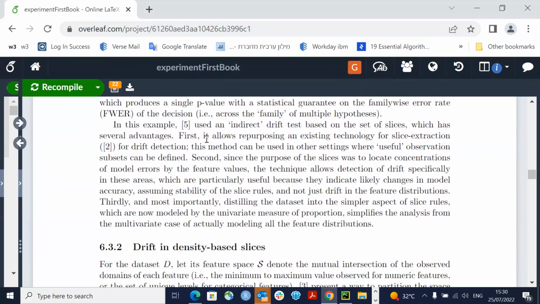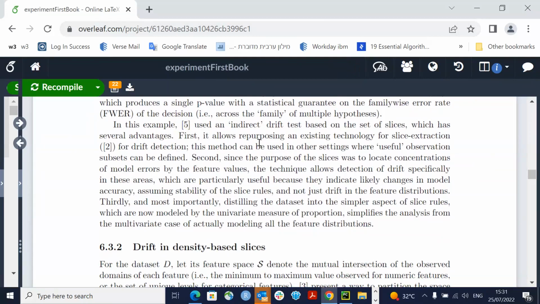In the paper that we mentioned, we can use this as a way to detect drift in two ways. If slices overall grow in fractional size, that means maybe there are more errors, because more observations fall into the region that we initially identified as having high error concentration.